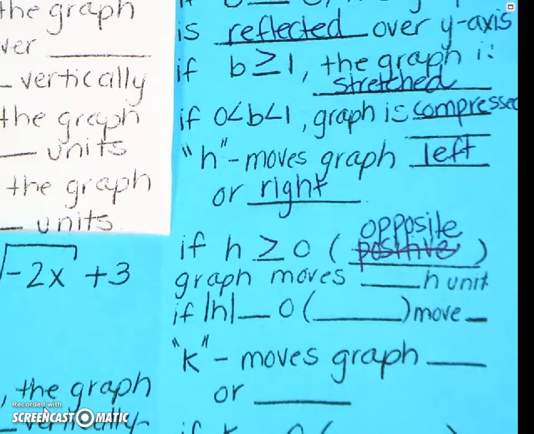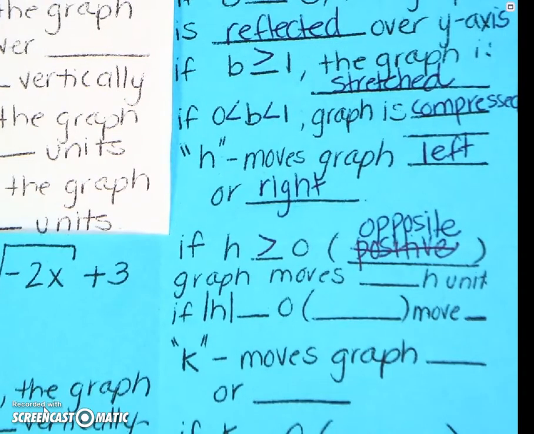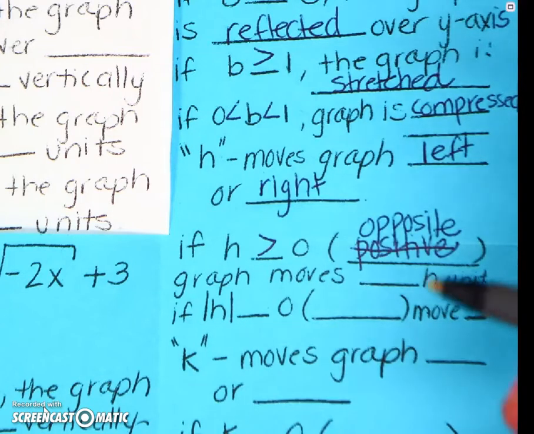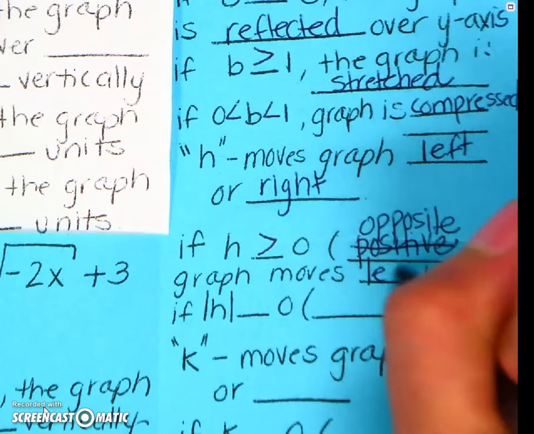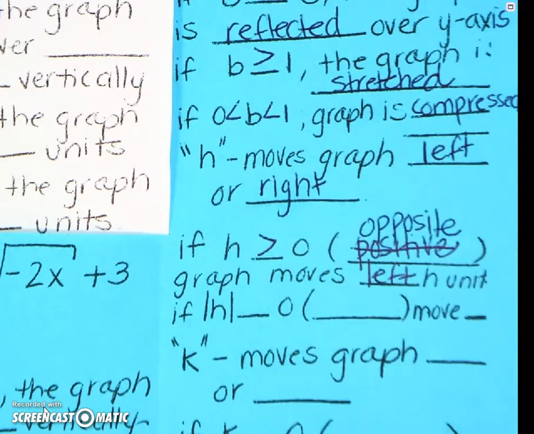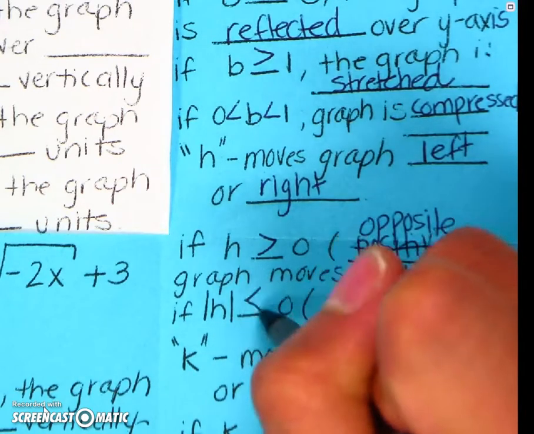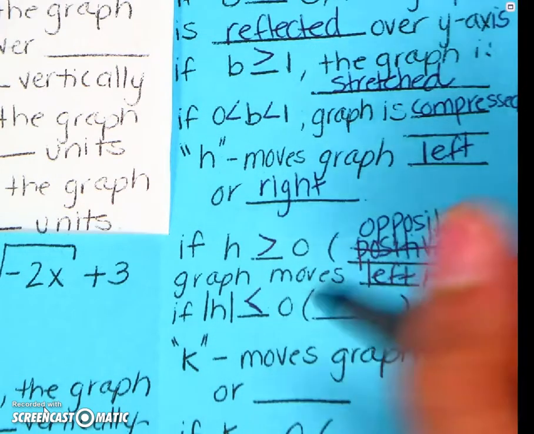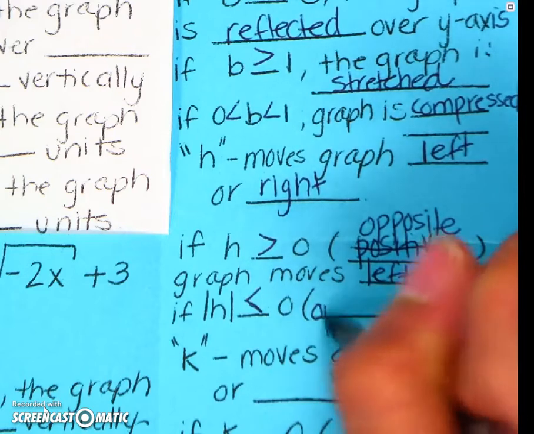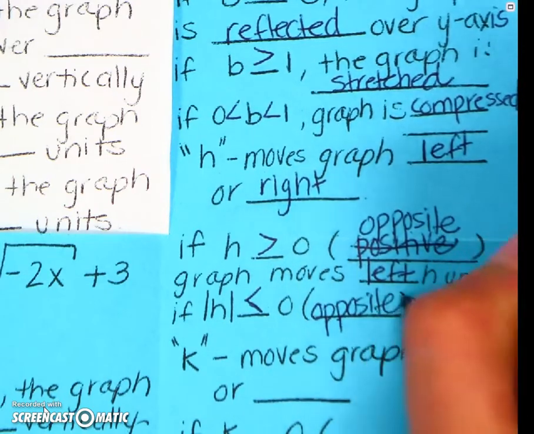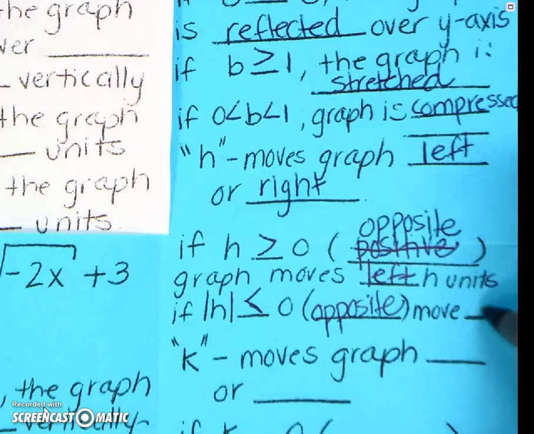So if h is positive, it's always the opposite of what you think. Is the graph going to move to the left or to the right? It's going to move to the left. Good. It's going to move to the left h units. If h is negative, it's still going to be the opposite. You're going to move to the right.